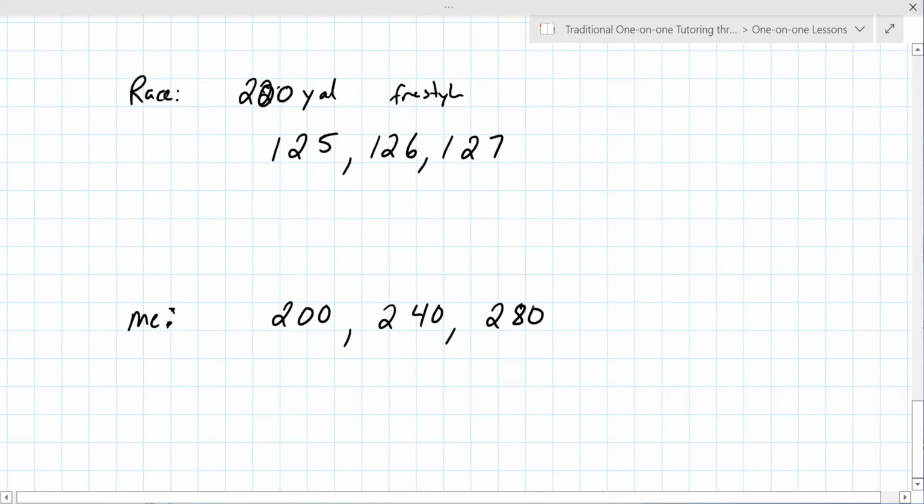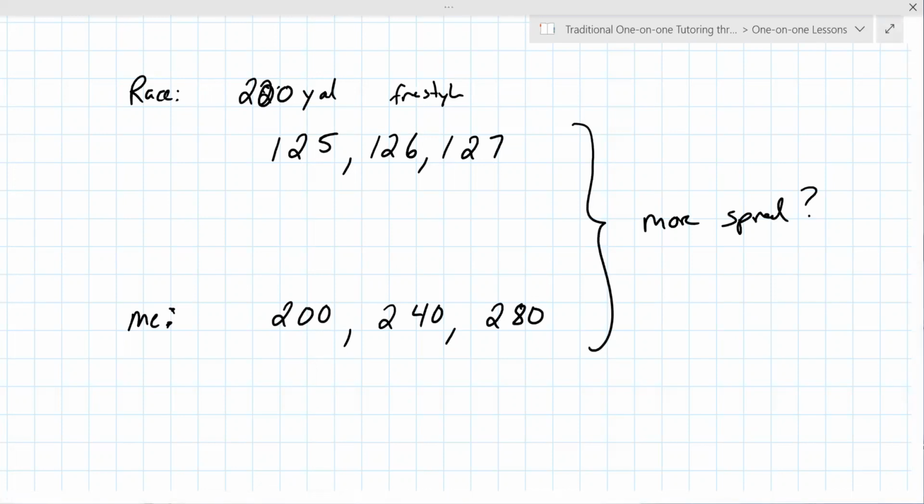Okay. Which data set has more spread in it? Yours, the 200 to 280. And why would you say that? Because the first data set, the range is 2, and the second data set, the range is 80.